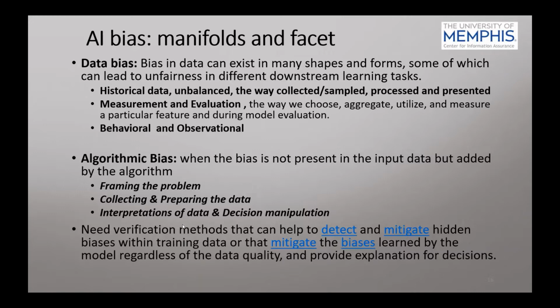So we need verification methods that can help to detect and mitigate hidden biases within training data, and mitigate the biases learned by the model regardless of the data quality, and provide explanation for decisions. We'll talk about explanation later, but let's see the situation here.